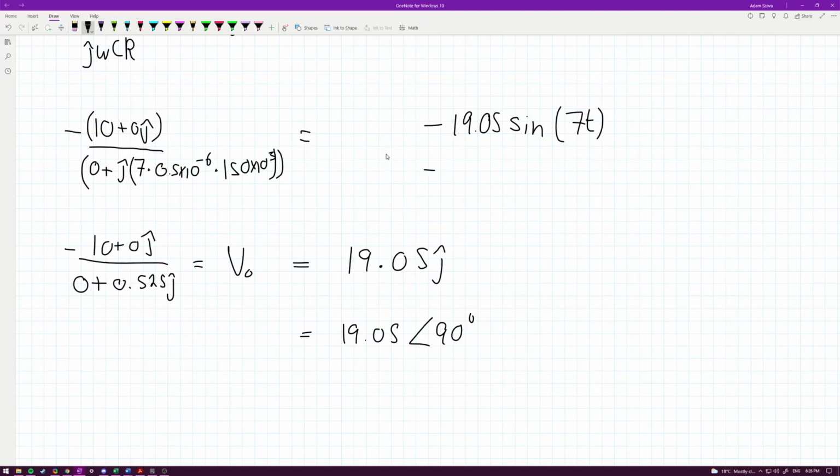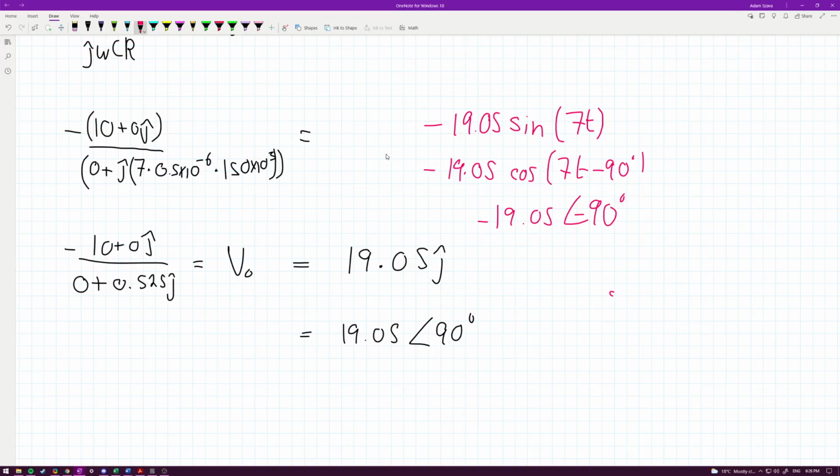Let me do this in a different color because it's the answer from the solutions, which is negative 19.05 cosine of 7t plus 90, which is negative 19.05 at an angle of 90. Or maybe it's minus 90. Yeah, you subtract 90, so an angle of minus 90. Is that the same thing? Yes, that is the same thing.